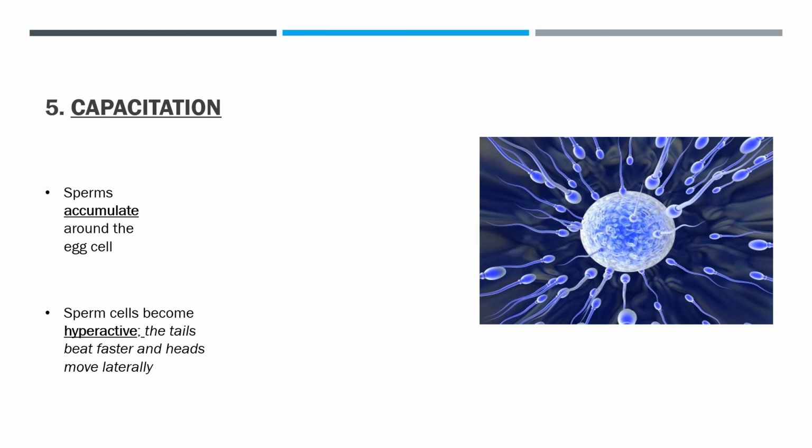Before they could reach that membrane, they have to go through the corona radiata and through the zona pellucida. Corona radiata and zona pellucida are new terms, but we are going to learn them as we go through this process.